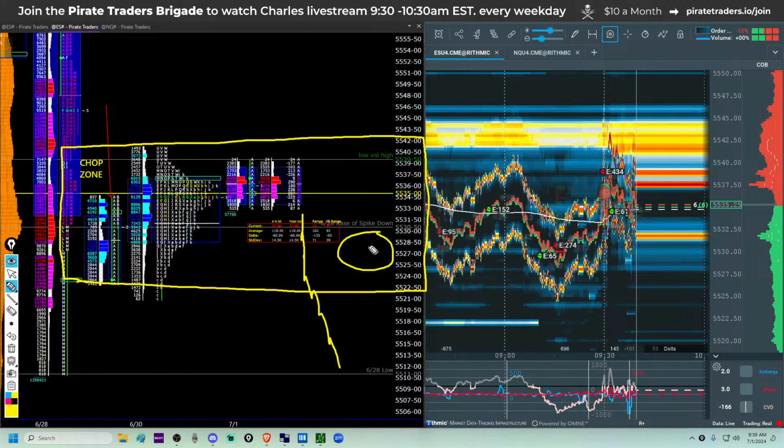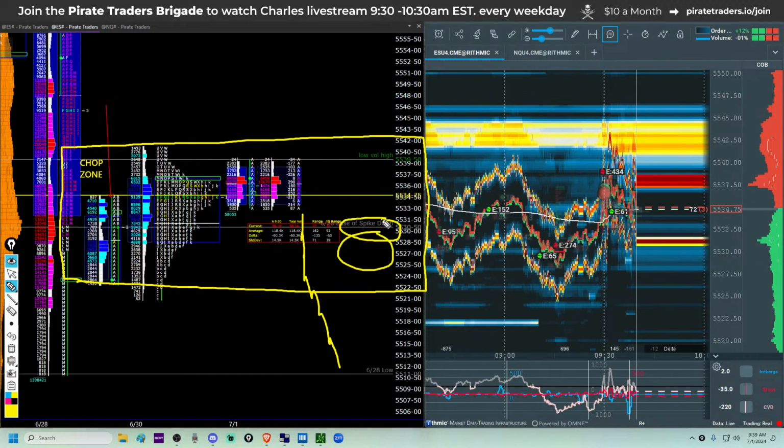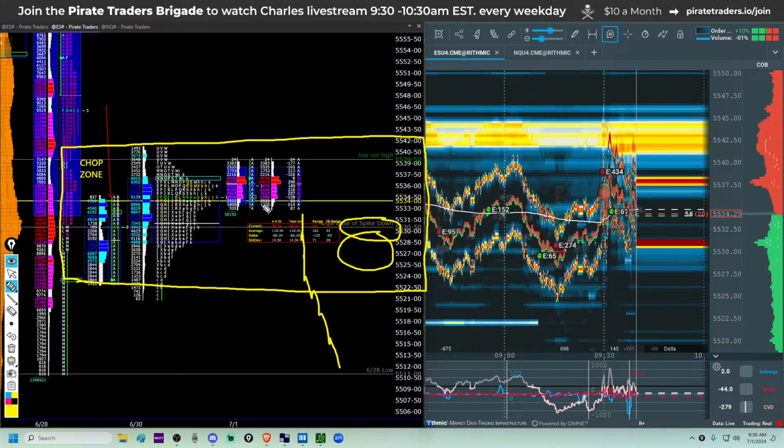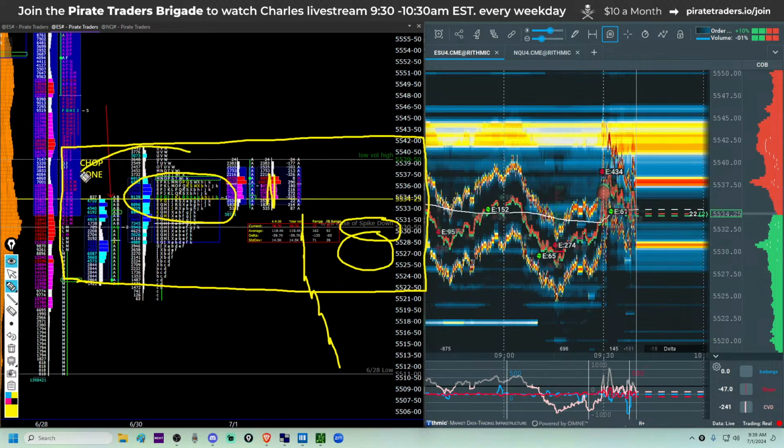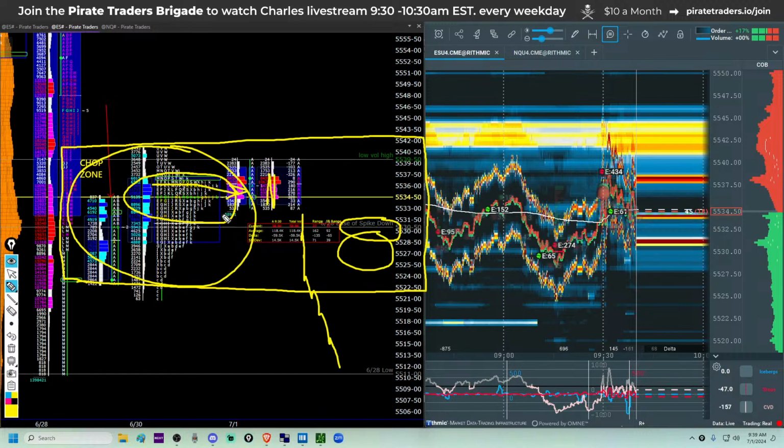So the fact that we opened above the spike, and the fact that we've been open now for 10 minutes and the market's gone nowhere, it's just grinding right around the high volume and high time node of the overnight, tells us what happened over the weekend is still happening this morning. And that is just balance. So that is telling me we are probably going to chop for a little while here.